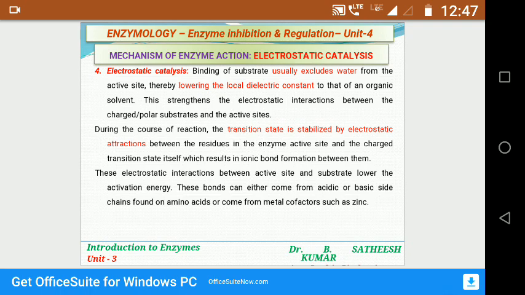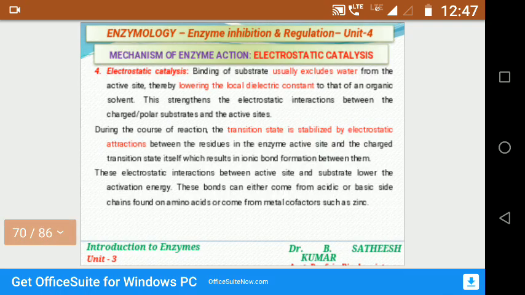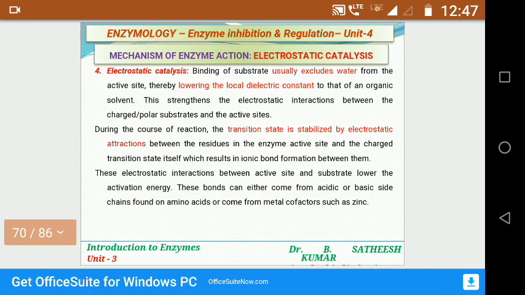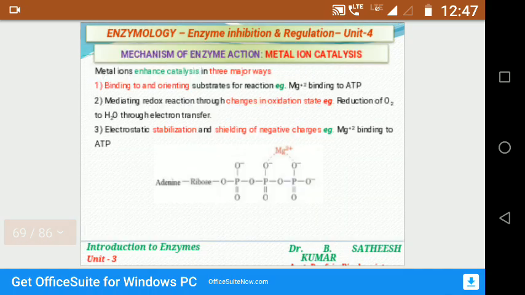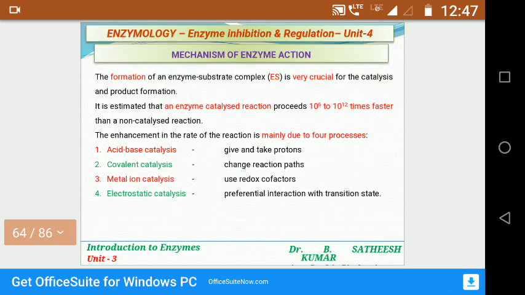Okay. So far we have discussed the four different mechanisms of enzyme action. First one is acid base catalysis, where some amino acid residues like histidine and acidic amino acids, basic amino acids, sulfhydryl containing amino acids, hydroxy group containing amino acids act as acids as well as bases.